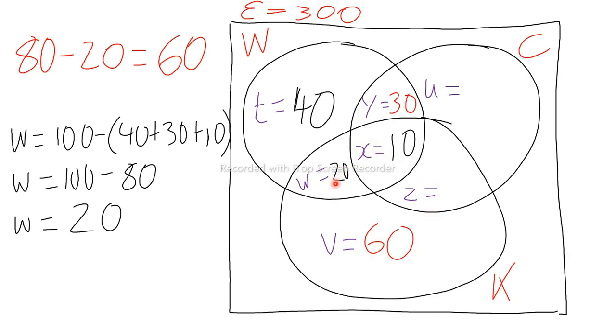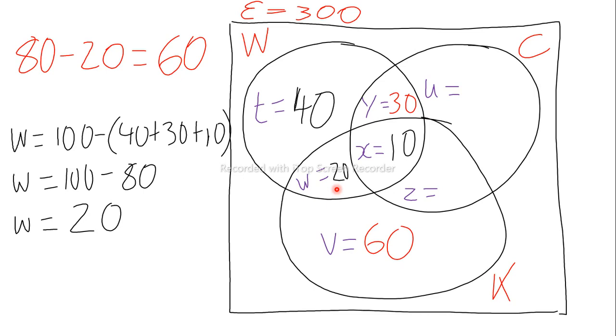Because the whole thing should be equal to 100, and we don't know this missing value, we're going to add 10 plus 20 plus 60, then subtract it from 100, because the whole thing is supposed to add up to 100. So what is 60 plus 20?